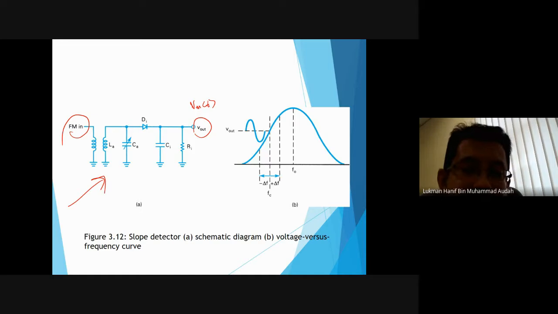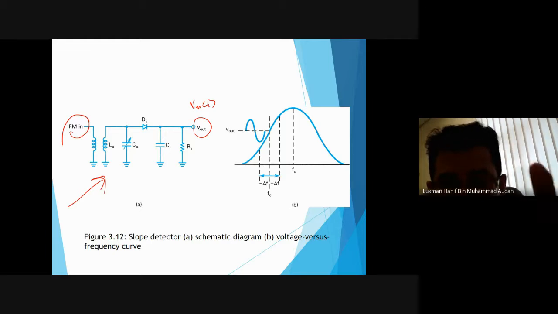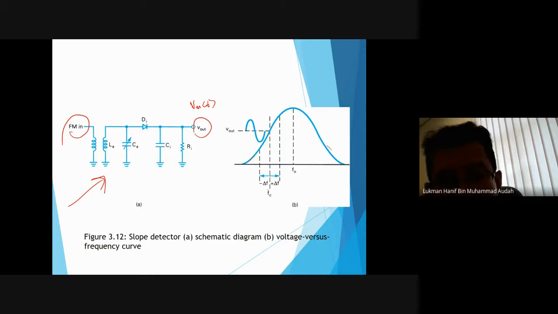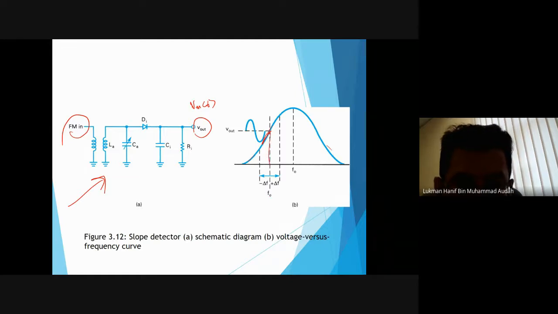So that means this, okay. So the frequency response of this circuit adalah seperti ini. Dia punya frequency response seperti ini.